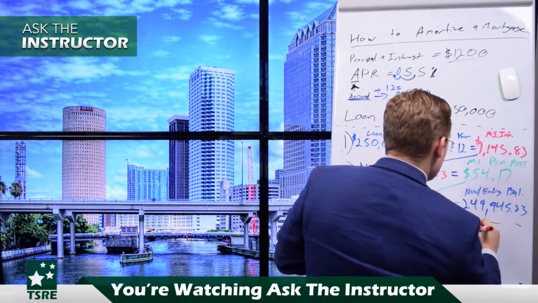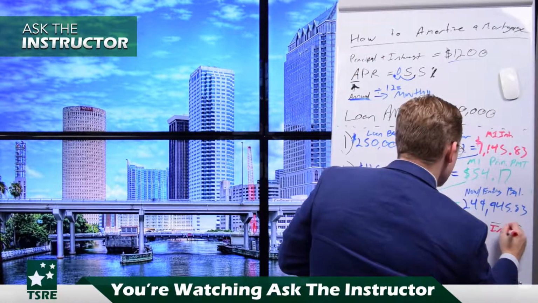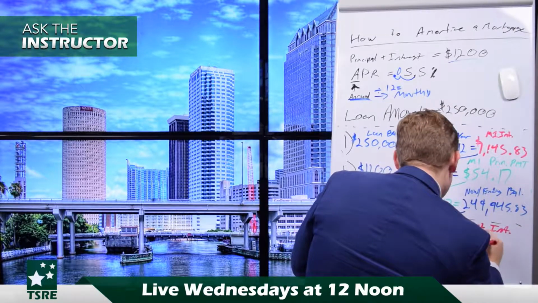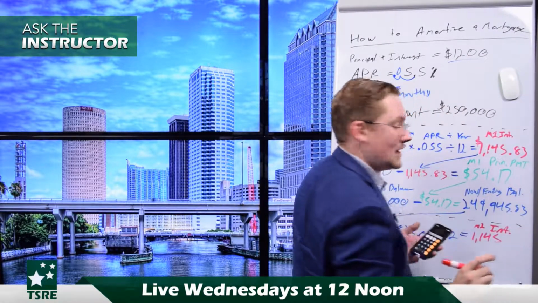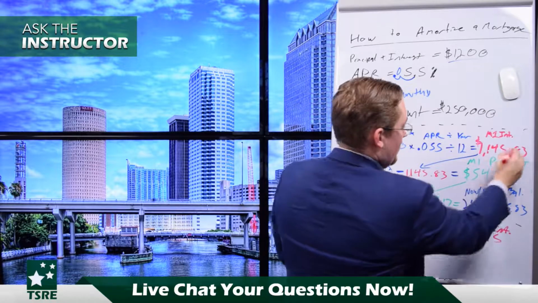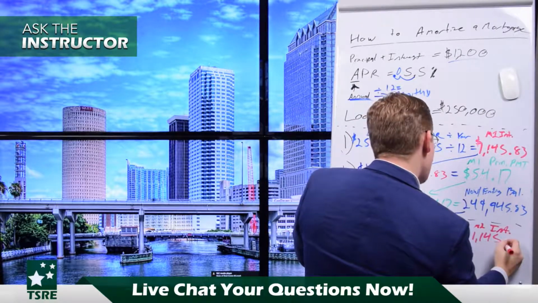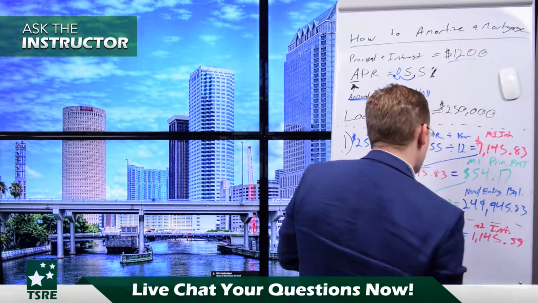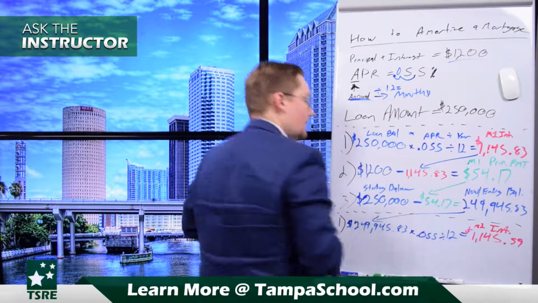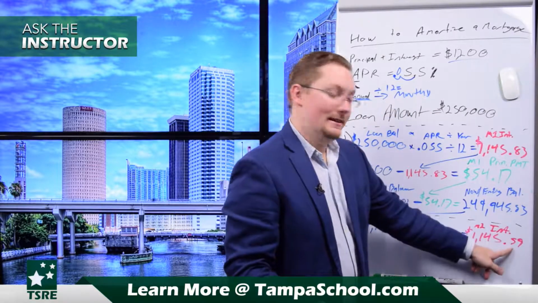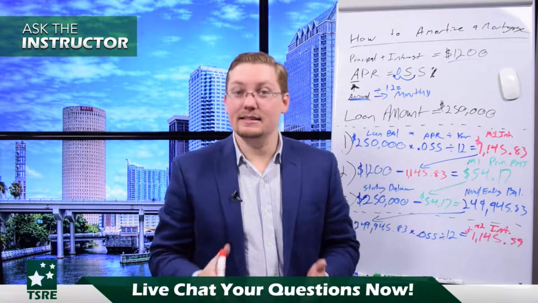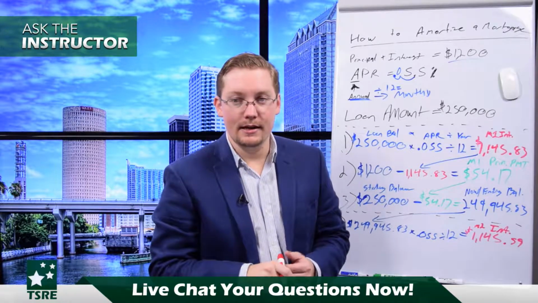And our month 2 interest is $1,145. But like I said, the cents are also important. It's not 83 cents anymore. It's about 59 cents if we do some proper rounding there. So it did go down. It's not a significant decrease, but it did go down.